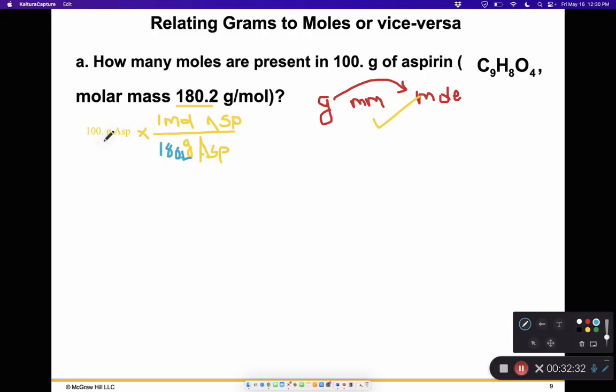Now you can cancel the grams of aspirin with the grams of aspirin and you get the moles. So 100 times 1 divided by 180 will be 0.555 moles.